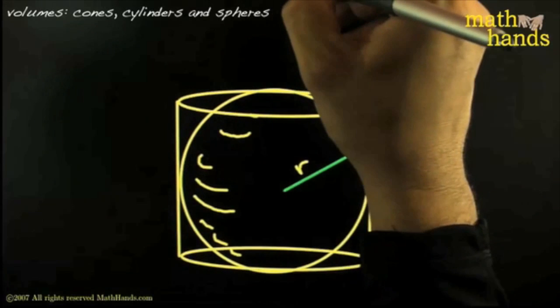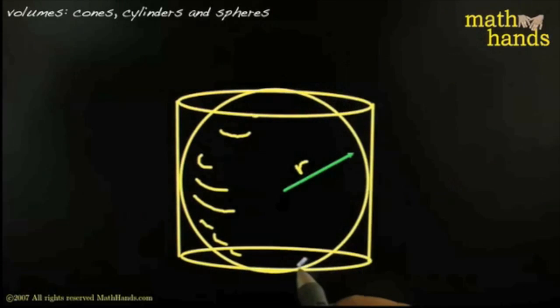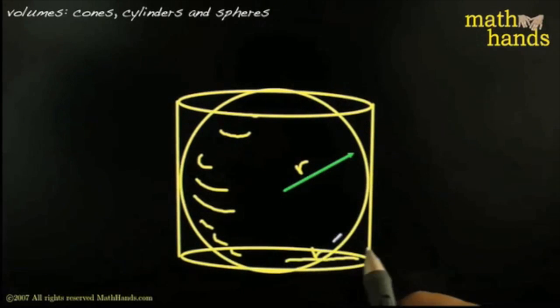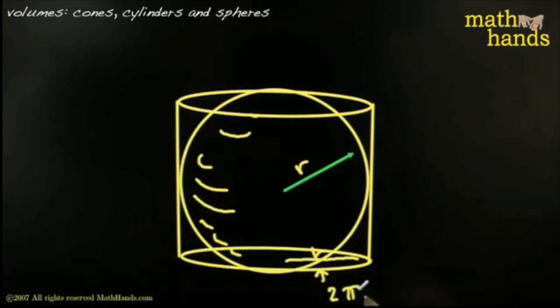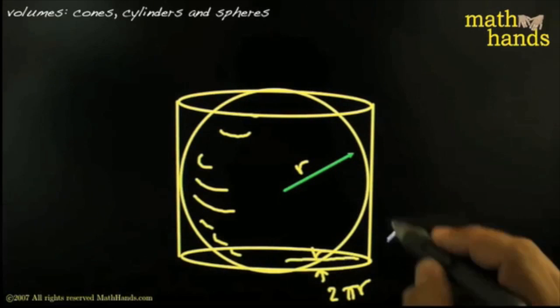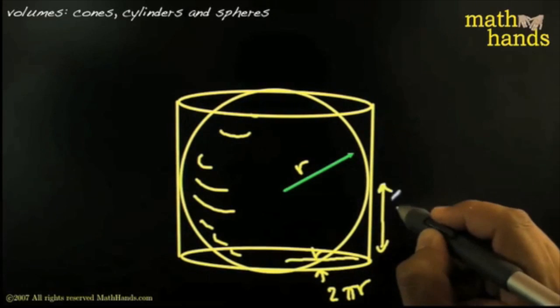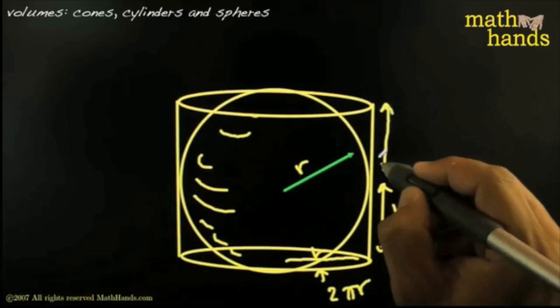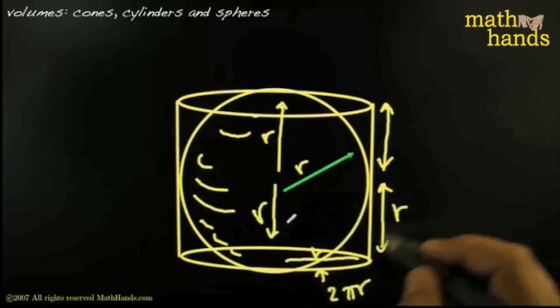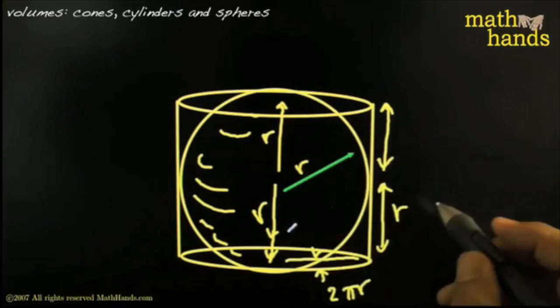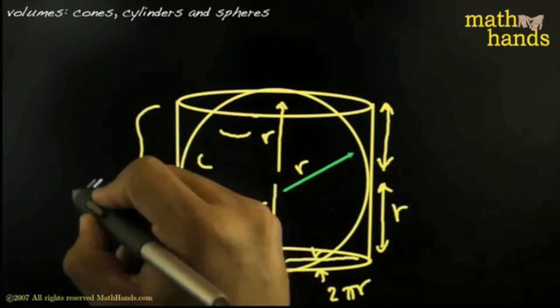For example, the cylinder has radius r. So all the way around this is 2 pi r. That's the length of the circumference of the cylinder. And this distance from here to here is r, and from here to here is r. Therefore, all the way to the bottom, the height is 2r.